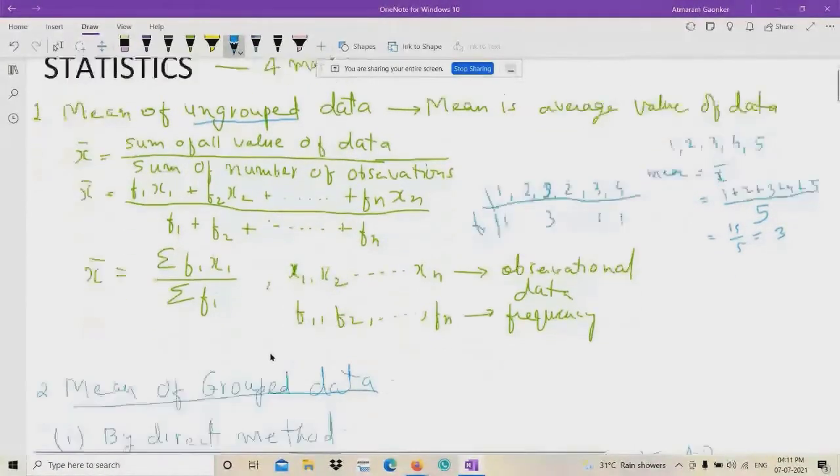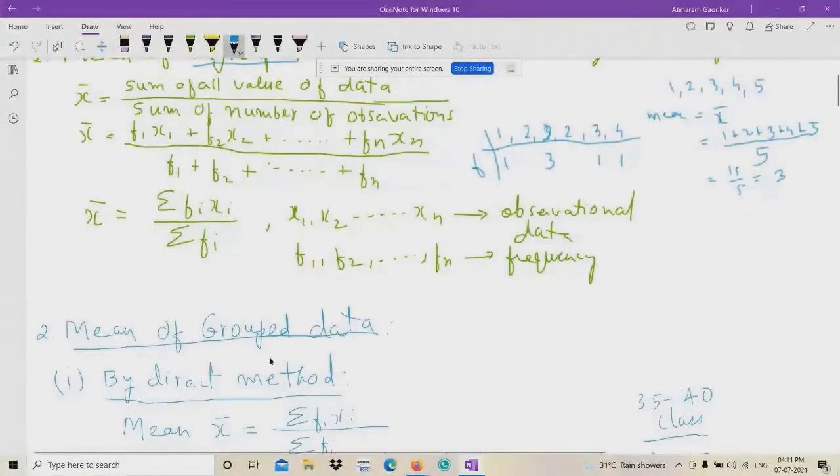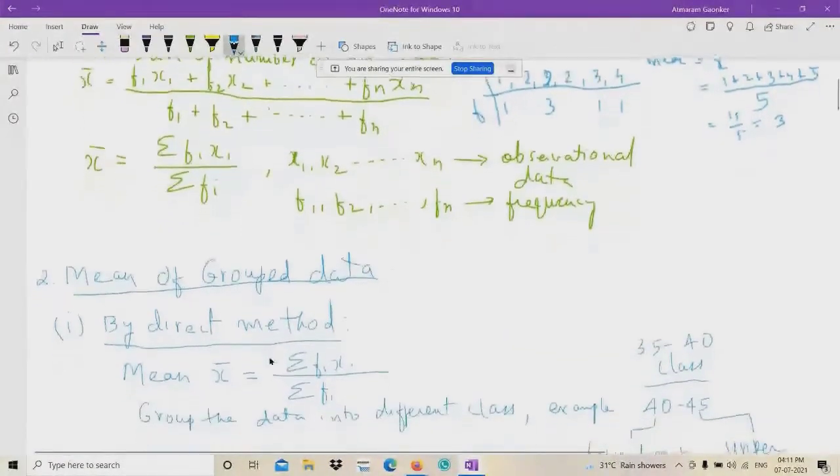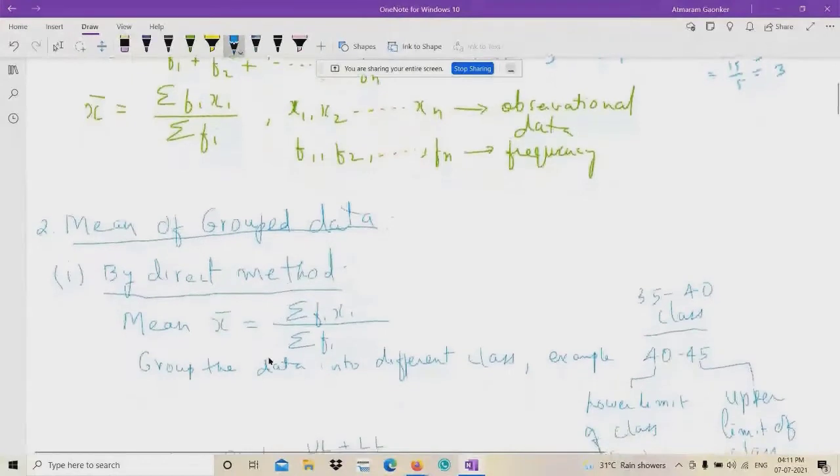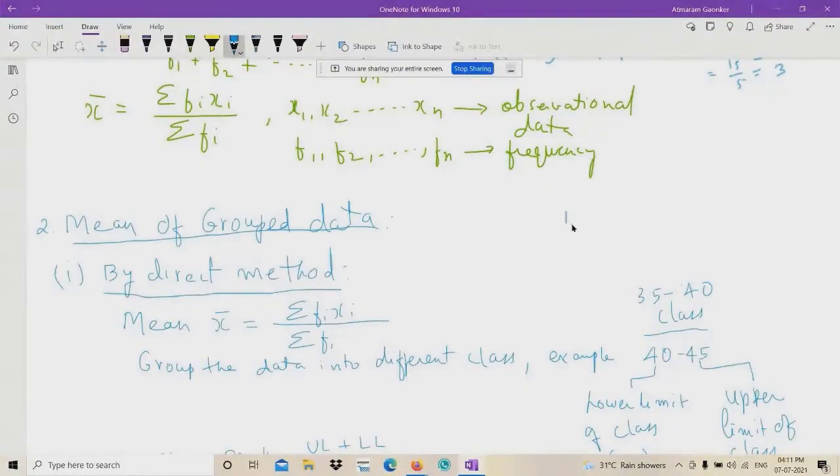So with that, let me go for understanding the mean of grouped data. What is grouped data? Suppose we have got some data as 1, 2, then 3, 4, 5, then 6, 7, 8, 9, like that.